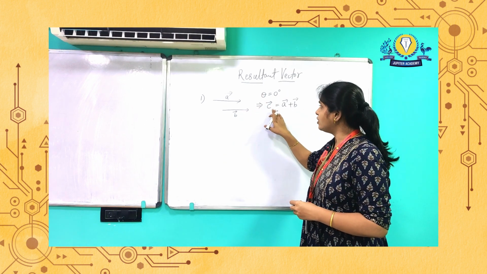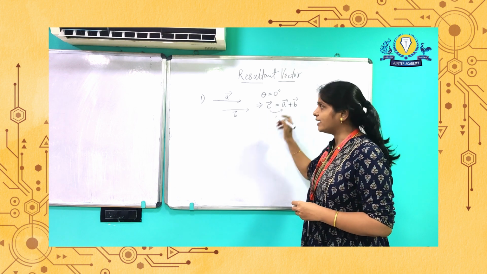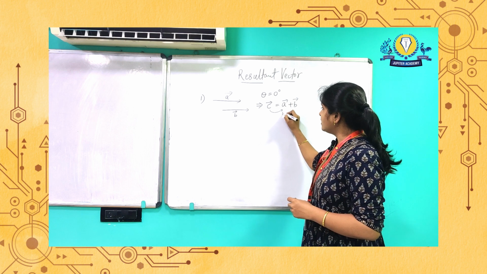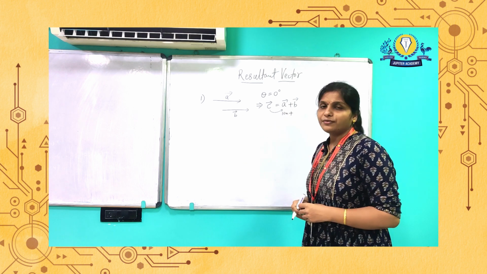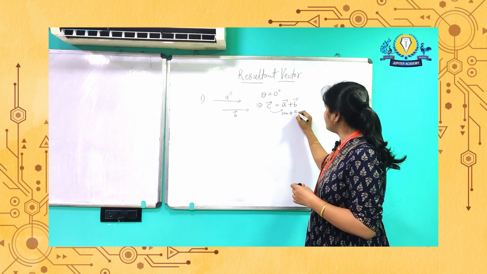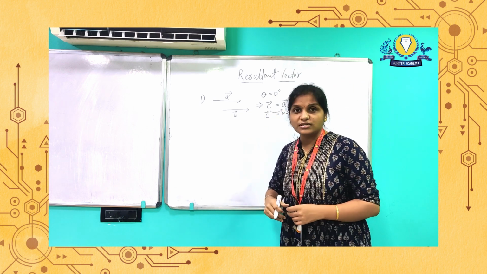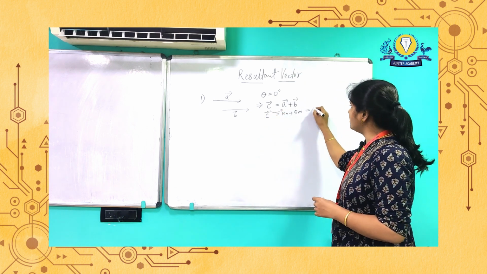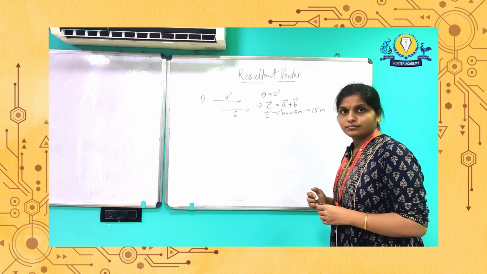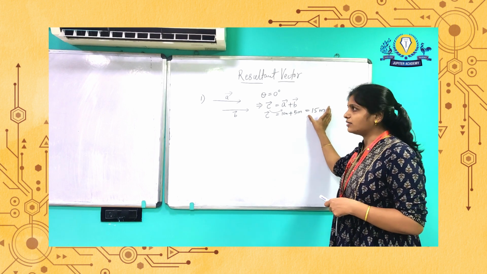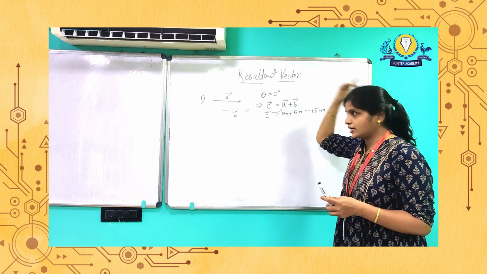C vector will also go in the same direction as A and B. Suppose your A vector has magnitude 10 meter and your B vector has magnitude 5 meter. So the resultant of both will be C, meaning C will have magnitude 15. C has magnitude 15 and is going in the same direction, we can say in the positive x direction.